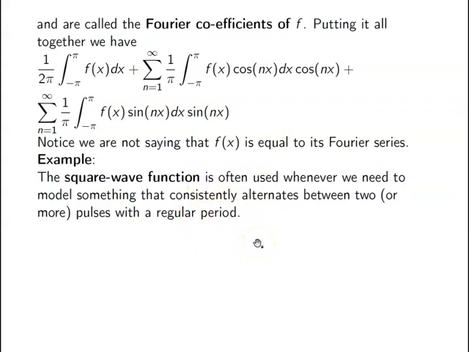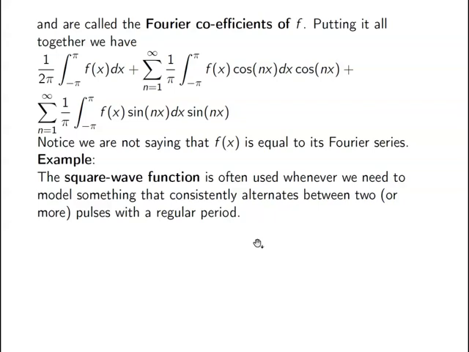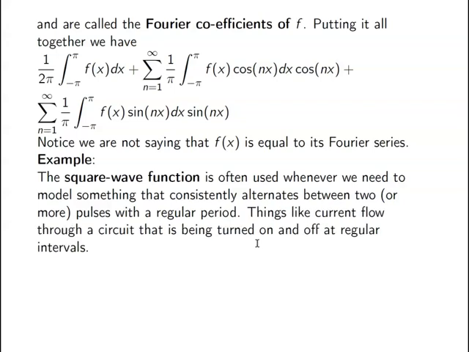The square wave function is often used whenever we need to model something that consistently alternates between two or more pulses or states with a regular period. We see this a lot in electronics, things like current flow through a circuit that's being turned on and off at a regular interval, like an Arduino or something like that.